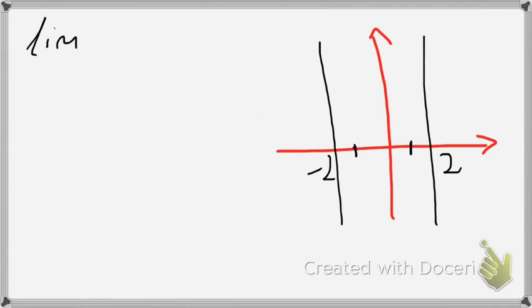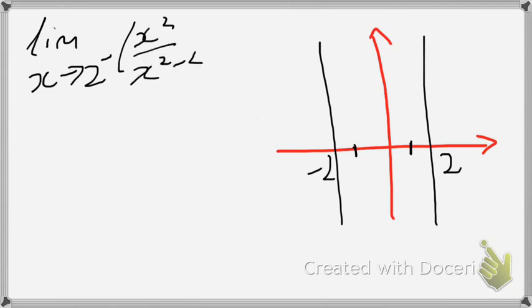So technically what I'm doing is the limit as x approaches 2 from below of x squared on x squared minus 4 plus 3. Which basically means I'm substituting some number in, minus 2, not 2, minus 2. Substituting some number that's slightly smaller than 2, so I'm going to pick minus 2.1.